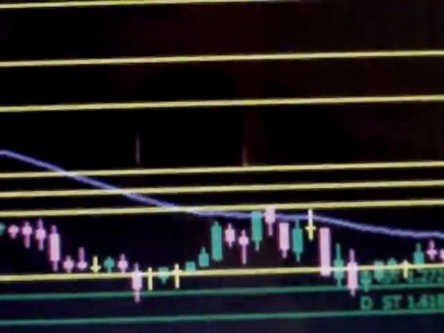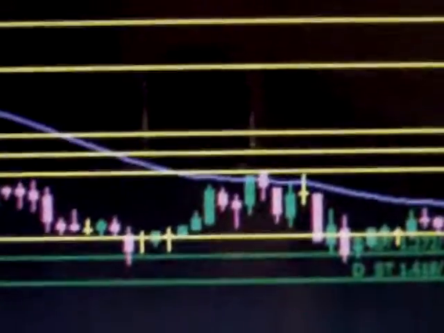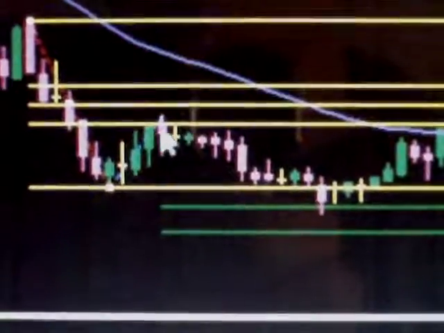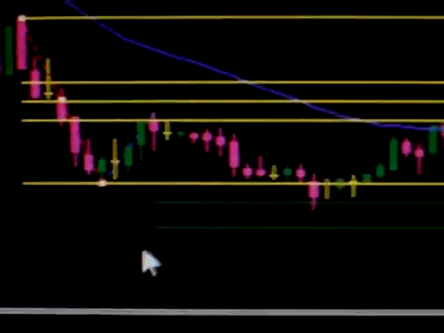When you came down to here, symmetry resistance held here, held here, and 38% held here.